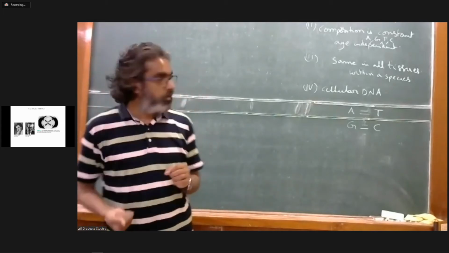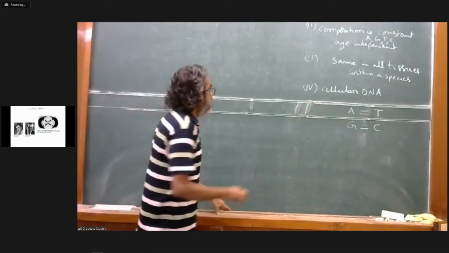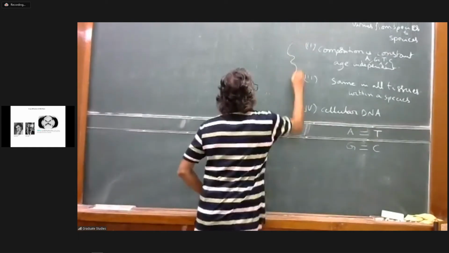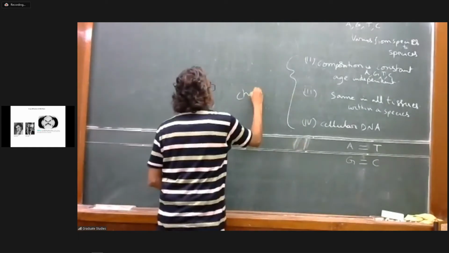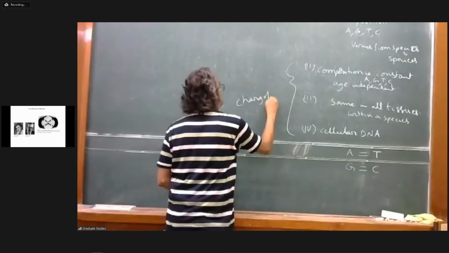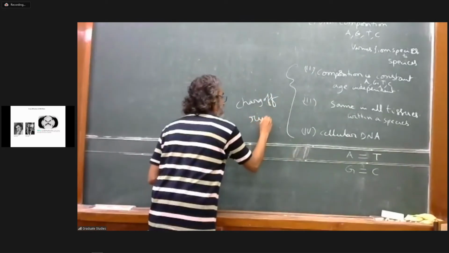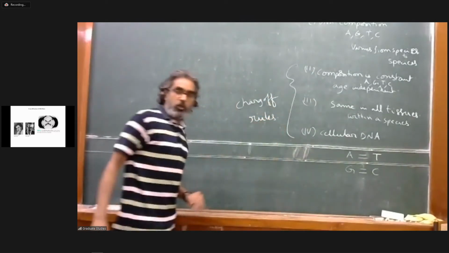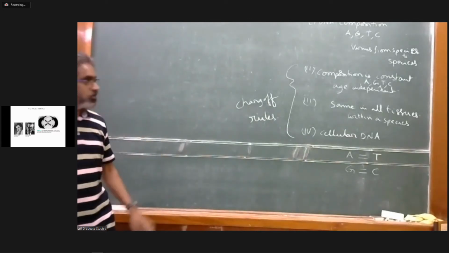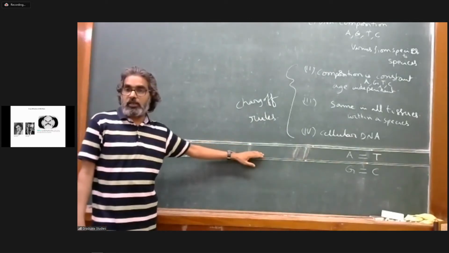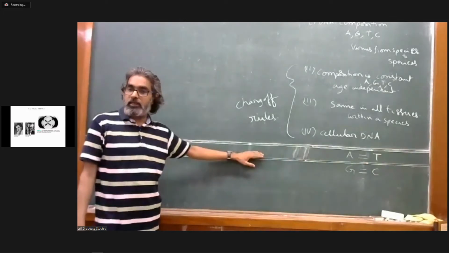Okay, so these are sometimes called Chargaff's rules. Even in the absence of any structure, this information is kind of a starting point to understanding what the structure might be.